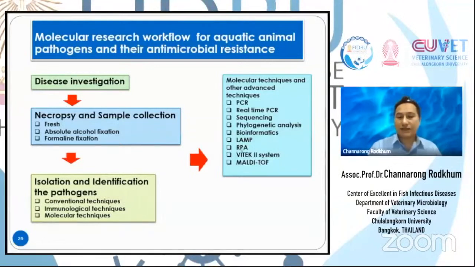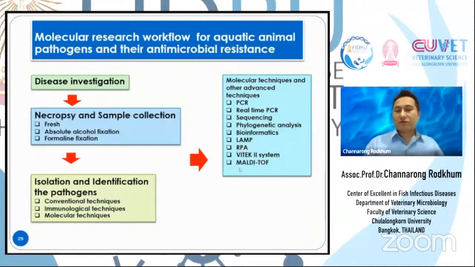If your lab has some advanced tools for identification and for antimicrobial susceptibility testing, such as the Vitek2 system, you can use it for some kinds of pathogens, especially pathogens in the groups of Vibrionaceae, Enterobacteriaceae or Aeromonas. Anyway, for some pathogens you still cannot use the Vitek2 system. You have to use other techniques.